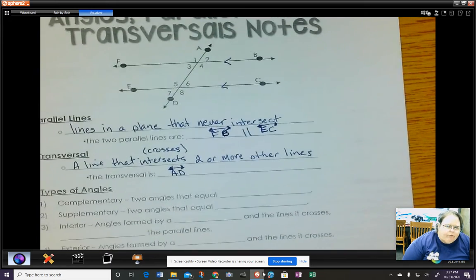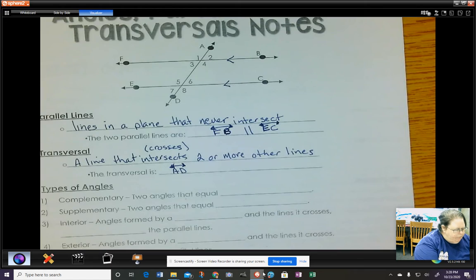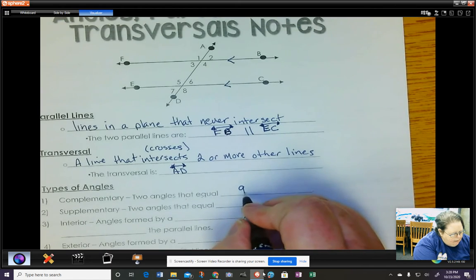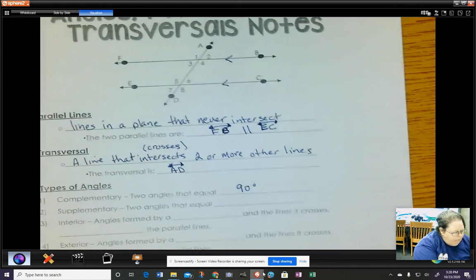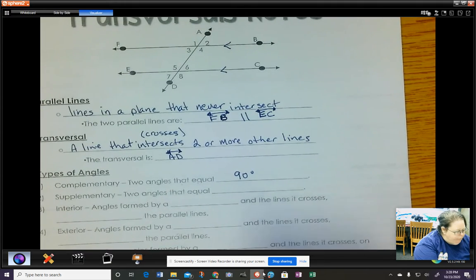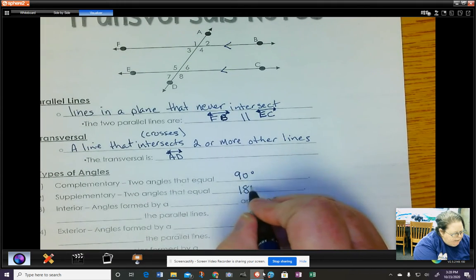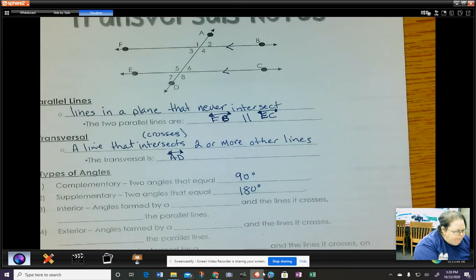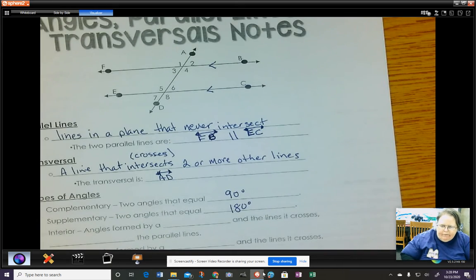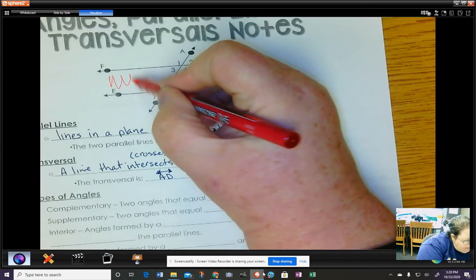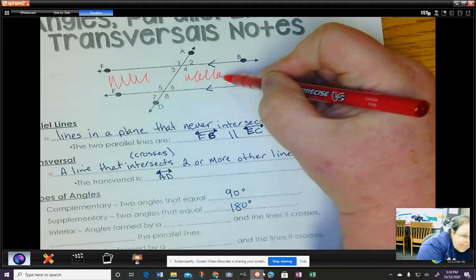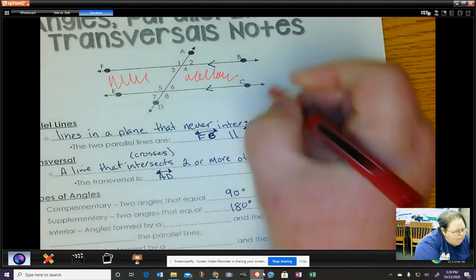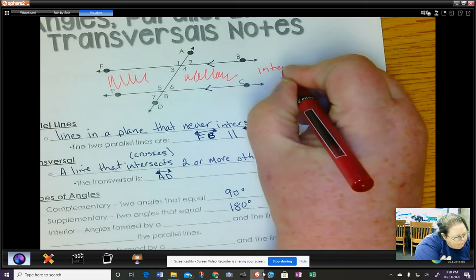Types of angles. Complementary, we talked about that already. Two angles that equal 90 degrees. Supplementary, two angles that equal 180 degrees. Interior angles. So when we talk about interior angles, look for the insides. This is the inside. Interior.